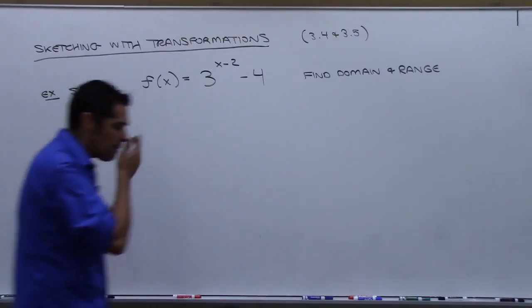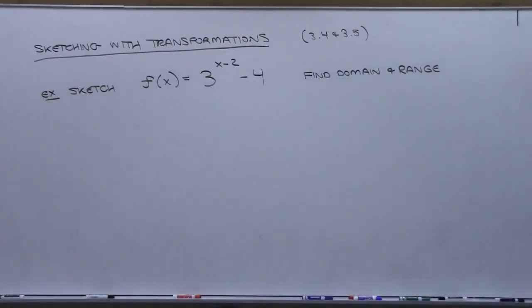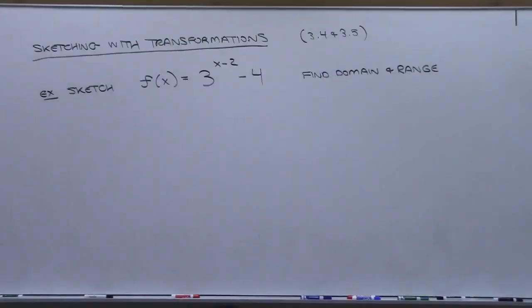Any ideas? Well, we're going to go down 4 because the minus 4 is the negative. Okay, we're going to go down 4. I agree. So we know that the 0, instead of being 0, 1, it's going to be 0, -4 minus 3.